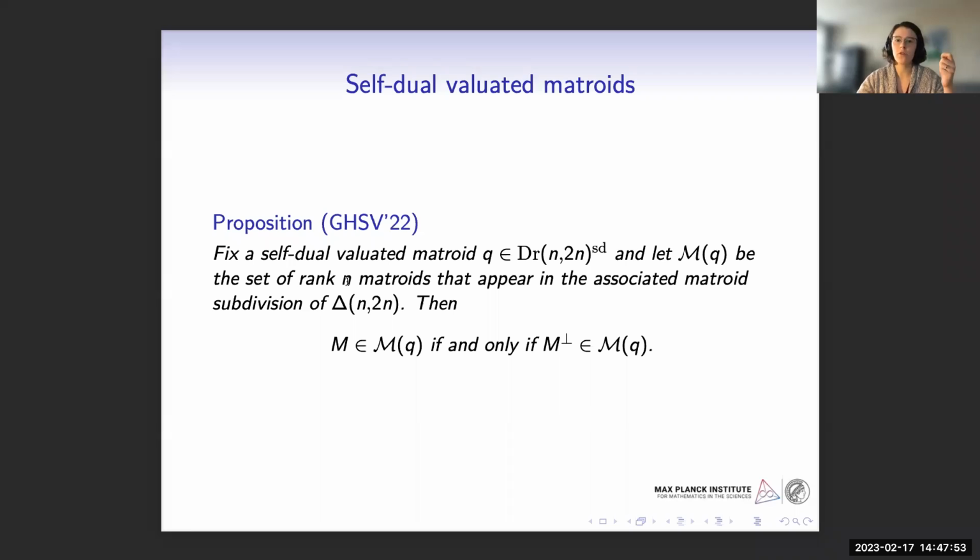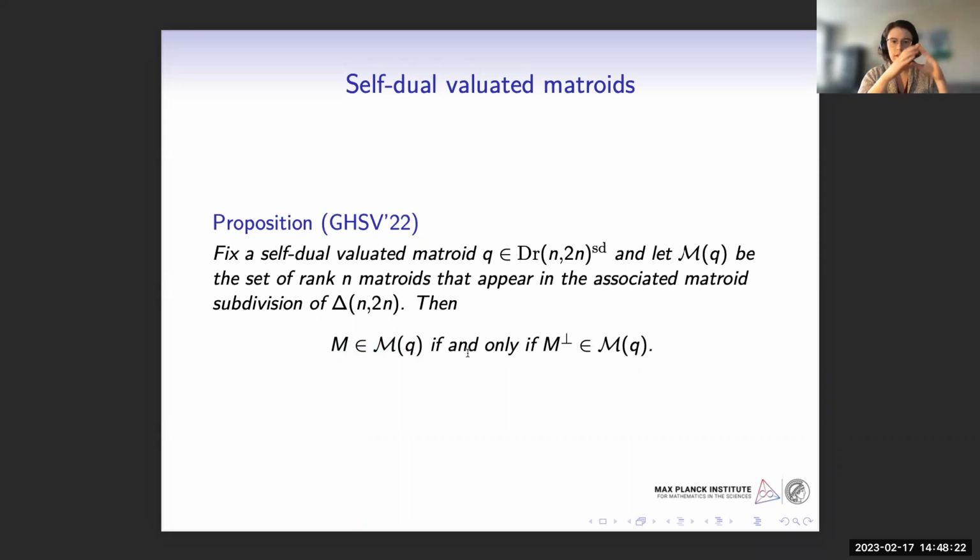Remember, a valuated matroid induces a subdivision of the hypersimplex, and then all these cells will again be matroid polytopes, so we can associate matroids. Okay, then this proposition tells us that a matroid appears in this collection if and only if its dual is also in the collection. So the collection of matroids we see from the matroid subdivision of a self-dual valuated matroid is self-dual in itself.